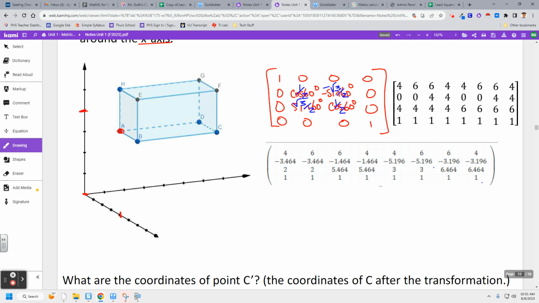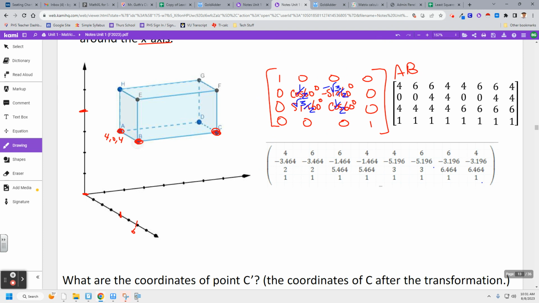It's really hard to tell that that's 4, 0, 4. Okay, 4, 0, 4. And B is farther out on the x-axis, so that must be 6, 0, 4.